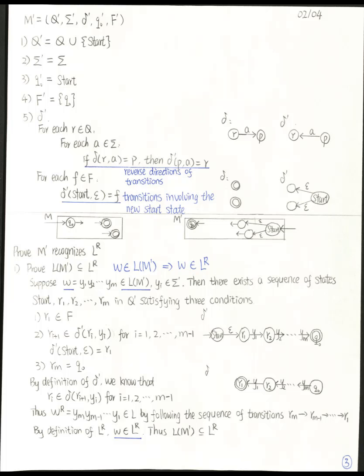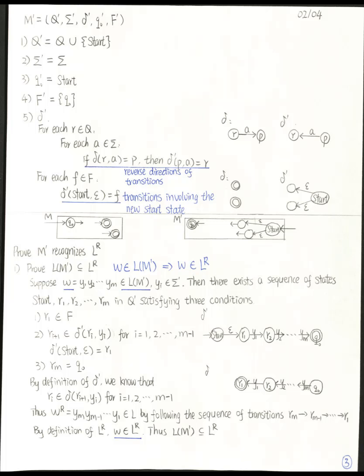That's not enough for this transition function because I have a new start state. I also need to define transitions for that start state. And this principle is, from this new start state, I should be able to reach any of the original accept states by reading nothing. So I add epsilon transitions from start state to those final states. Now that's a complete new machine.